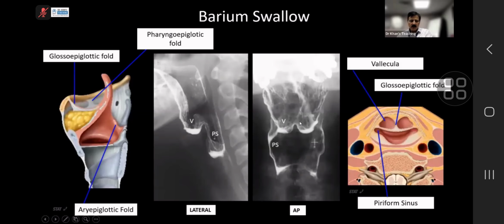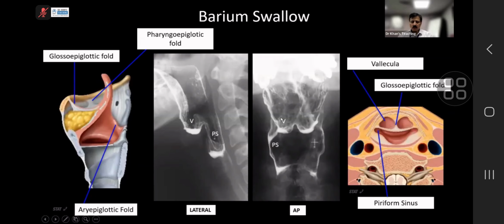On a barium examination, if we see an AP view, this is the glossoepiglottic fold, which is this one, and this is this one. Right and left, there is air space. This is the valleculae, and on a diagram or CT scan it will look like this.